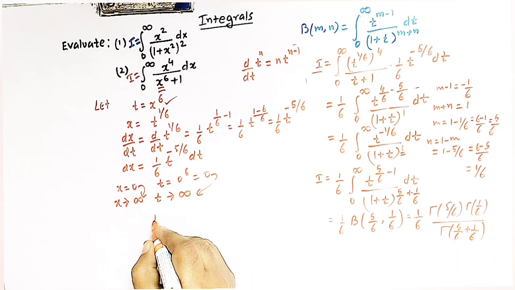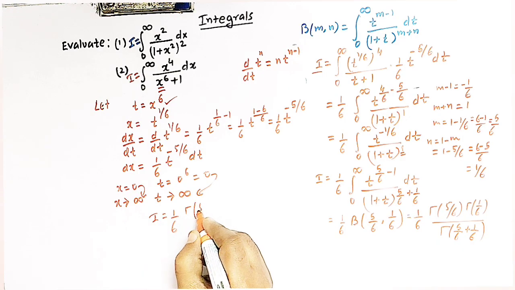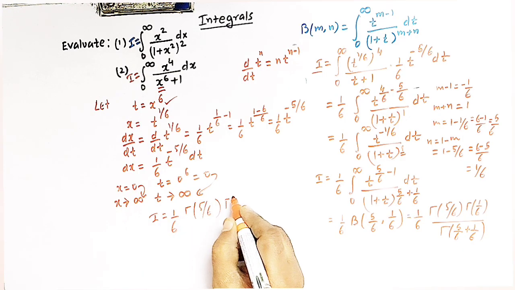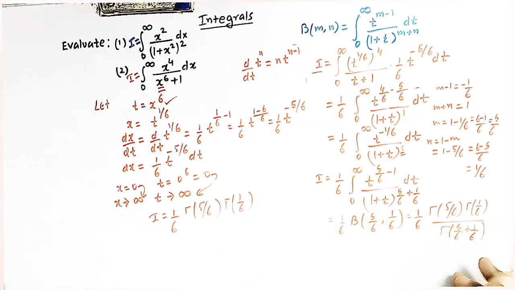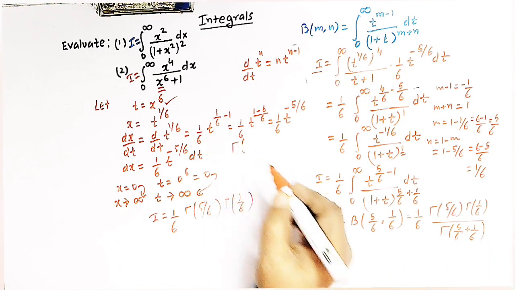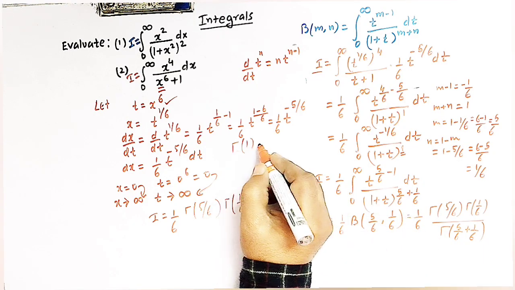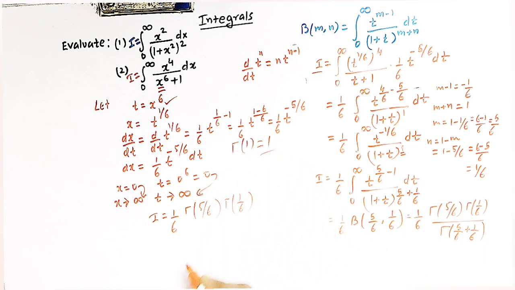So now I can be written as 1 over 6, gamma 5 over 6, gamma 1 over 6, and in the denominator we have gamma 5 over 6 plus 1 over 6 is simply 1, gamma 1 is 1, right? So in the denominator we have 1, and now to evaluate this expression we have to make use of Euler's reflection formula.